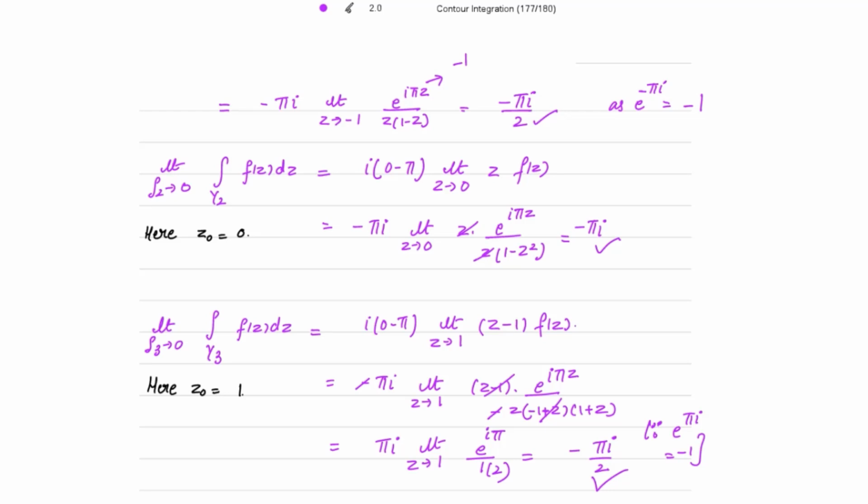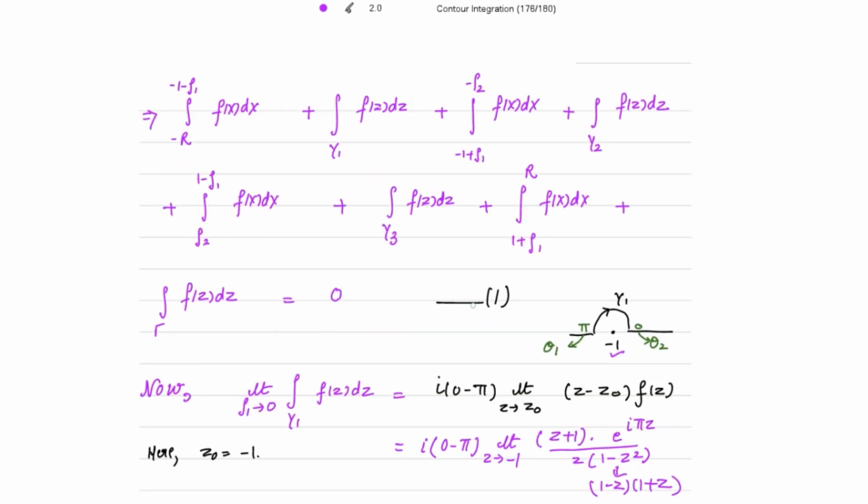Now putting all these three values in the main equation, which is equation 1. And also we have to find the value for this tau, and this is always equal to 0.